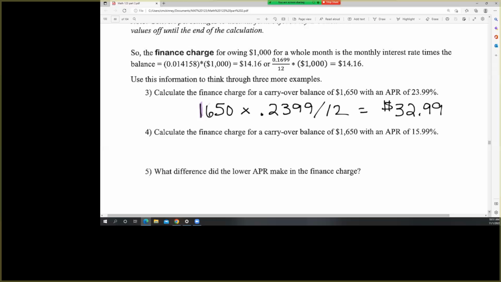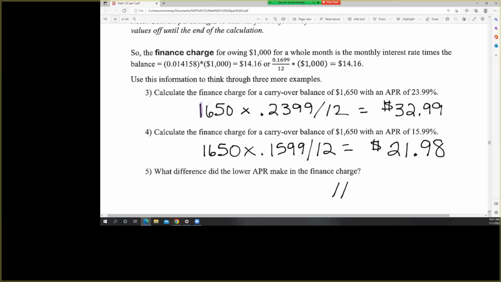Compare that to if we had 15.99, so we're doing the same thing, still dividing by 12. That's $21.98. So it looks like that's about $11 and a penny less. So a pretty decent sizable chunk.